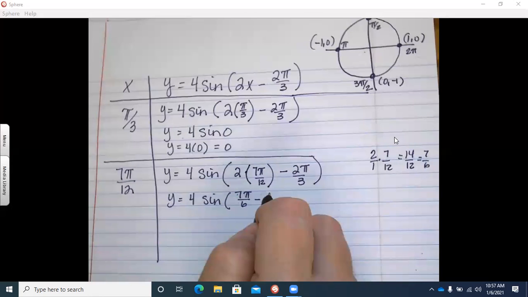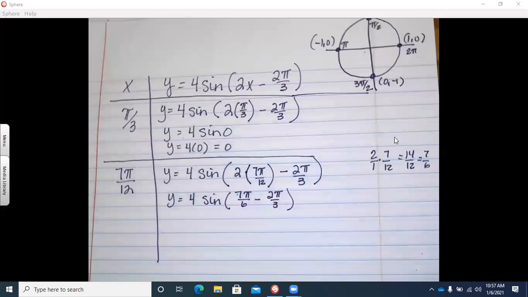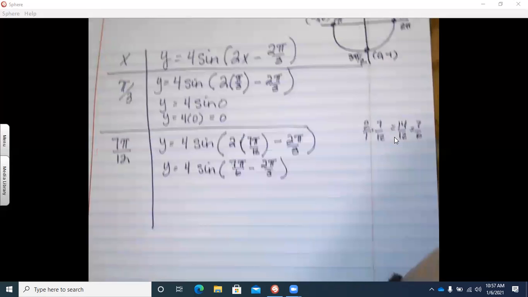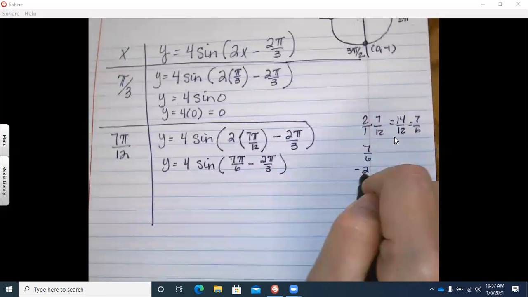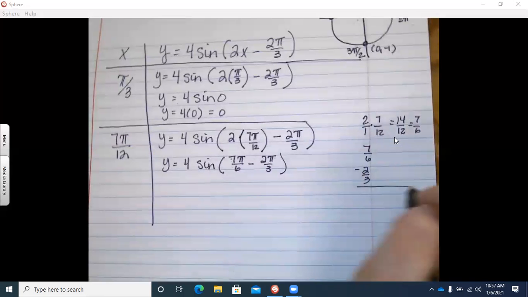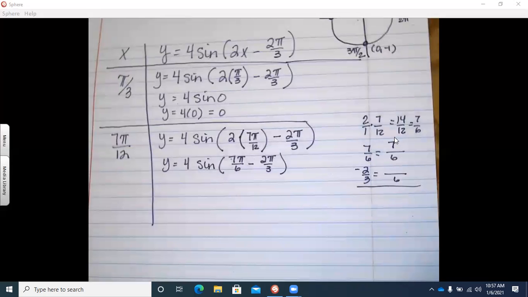Y'all cool with that? Now what part do I do next? I gotta subtract the fractions. So over on the side, I'm gonna do 7/6 minus 2/3. And what's my least common denominator? 6. So 7/6 equals 7/6. And negative 2/3, what will I convert that to?